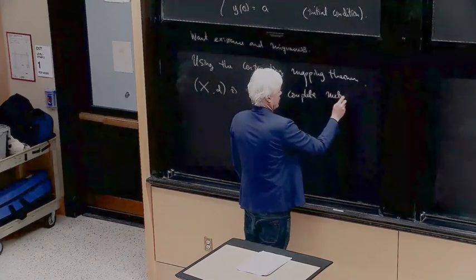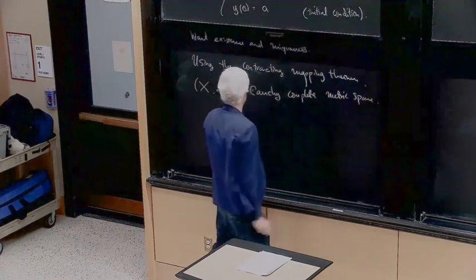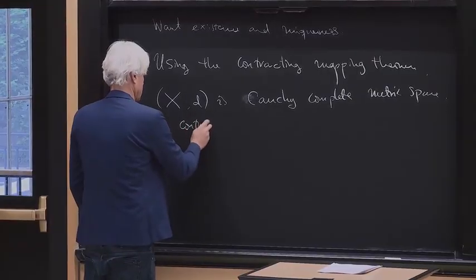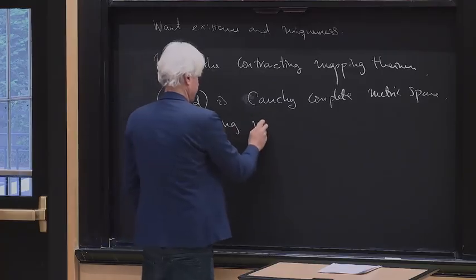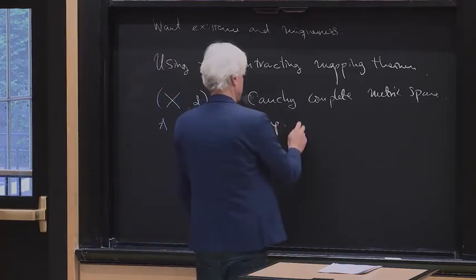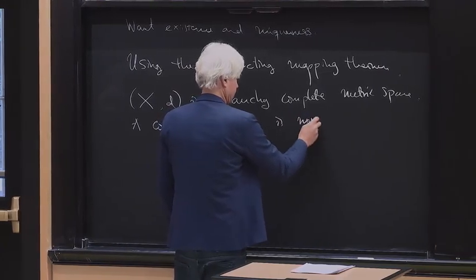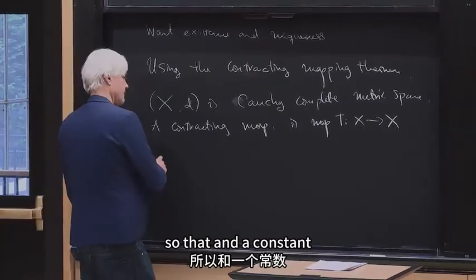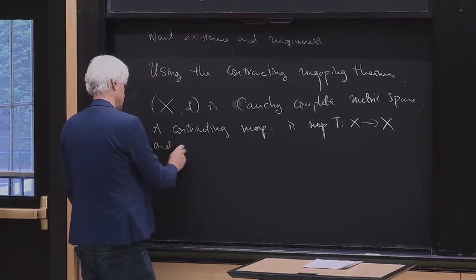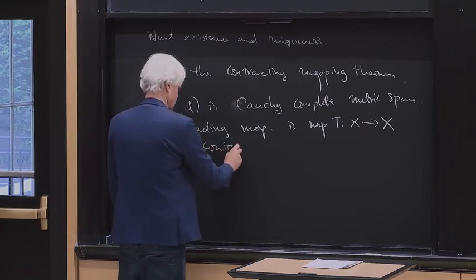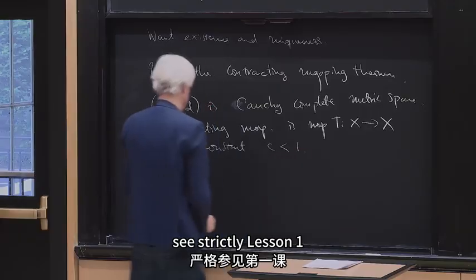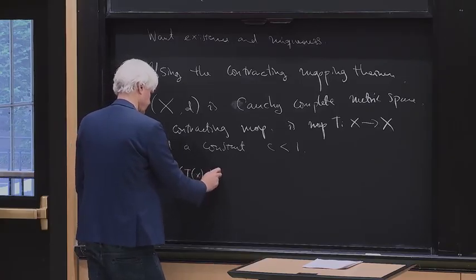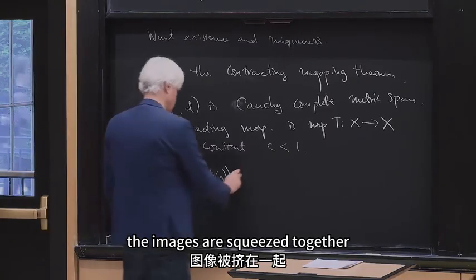A contracting map is a map T from this metric space into itself, with a constant C strictly less than 1, so that if you measure the distance between the images, the images are squeezed together.